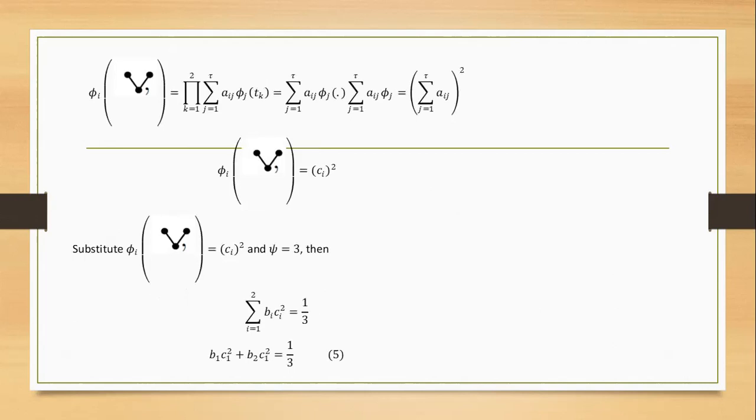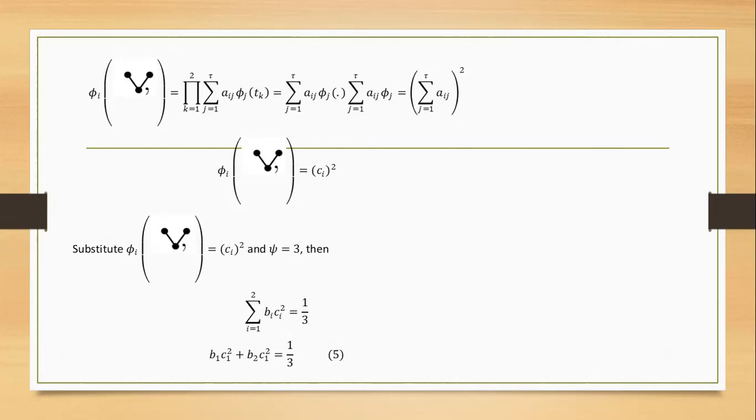Now, let's look at the third order condition. The third order condition has 2 trees, but I will consider the first one first. The first one, when we have a root with 2 different leaves, then the multiplicity is 2, because I have 2 leaves. That is why I have 2. Then I have aij, which I will multiply in 2 places. At the end of the day, I have the summation over j of aij all squared, and summation aij is ci, so I have ci squared.